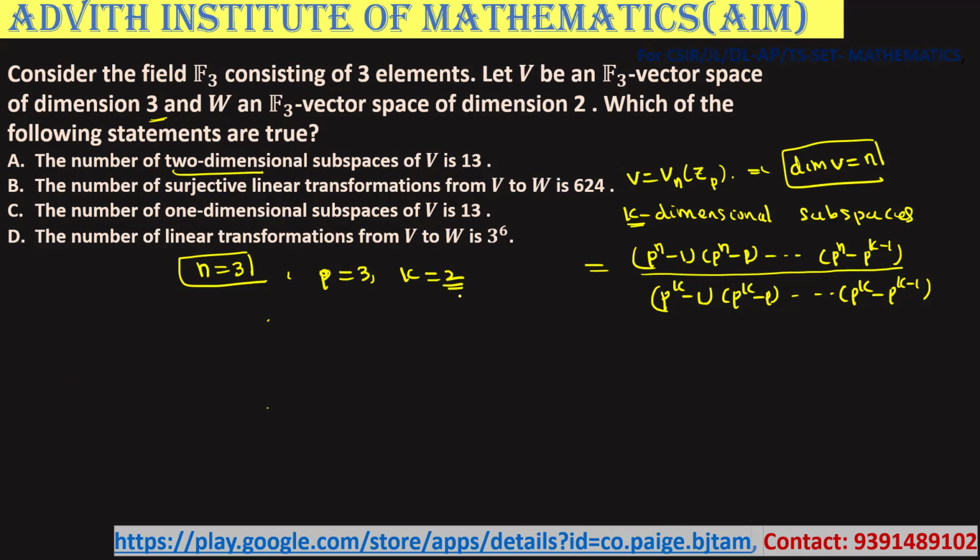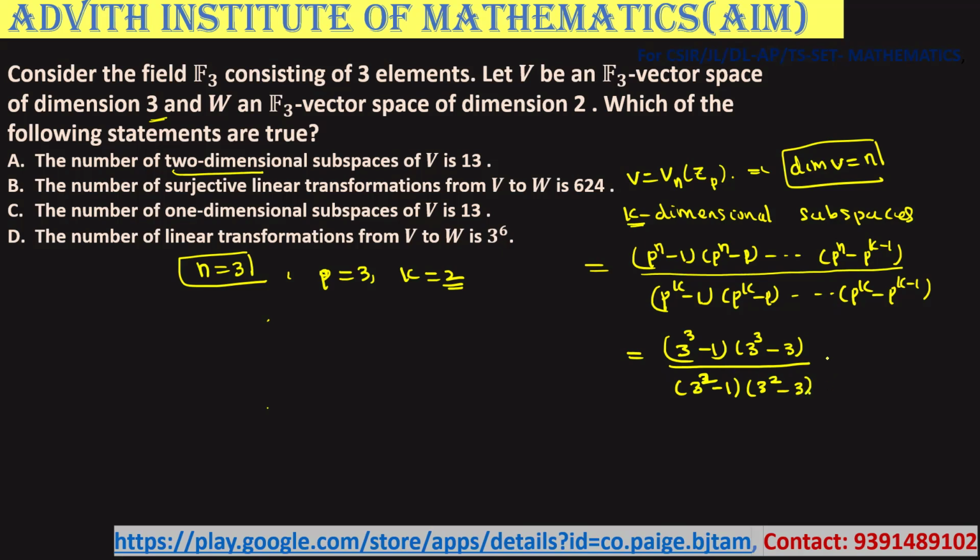Therefore the number of 2-dimensional subspaces of V, when substituted, gives 3 cube minus 1 and 3 cube minus 3, since k minus 1 with k equal to 2 goes only up to 3, divided by 3 square minus 1 and 3 square minus 3.